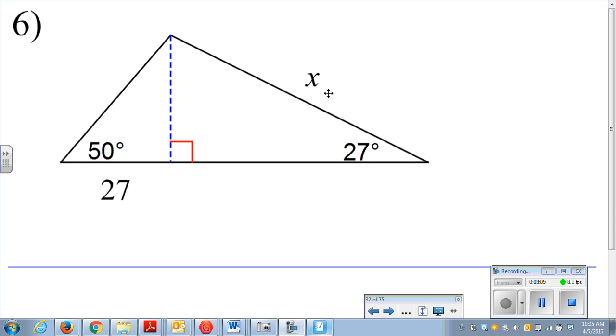What we want to do is solve for x on the triangle on the right side. But in order to do that, we need to know this piece in the middle. Now to solve that, we'll just work on this triangle by itself, get that answer, and use it to solve for the triangle on the right side.